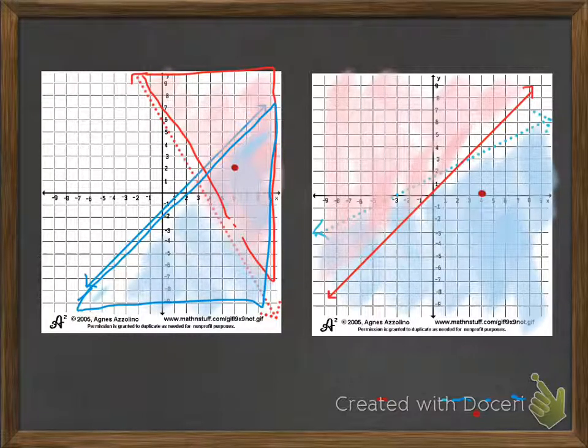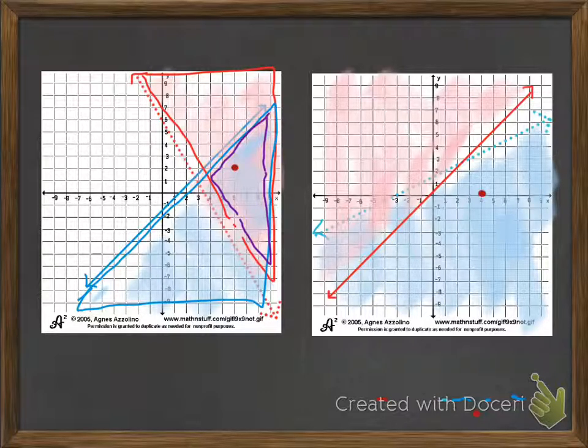If we look, we've got that red area, that blue area, and I'm going to use purple to show you where they overlap because red and blue makes purple. So in this area, you can see you have both red and blue. That purple area denotes where the solutions are.